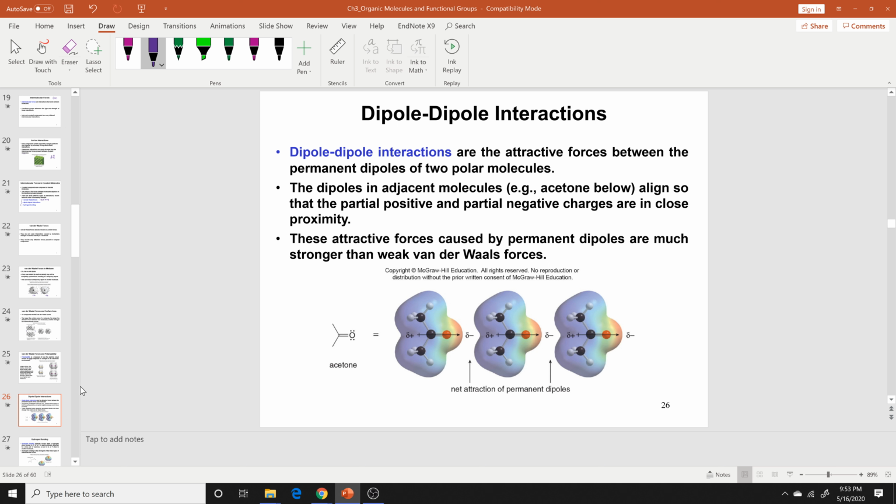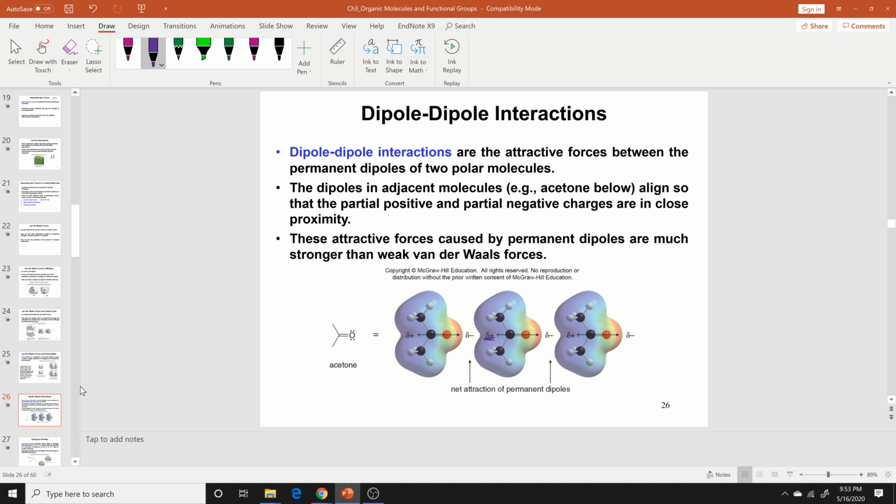If I want to put them next to each other, this is how they are arranged. You have your direction of polarization. This is partial positive, this is partial negative. That is going to force the second molecule to have its partial positive end on this side, so that these two partial charges won't repel each other, they will attract each other.